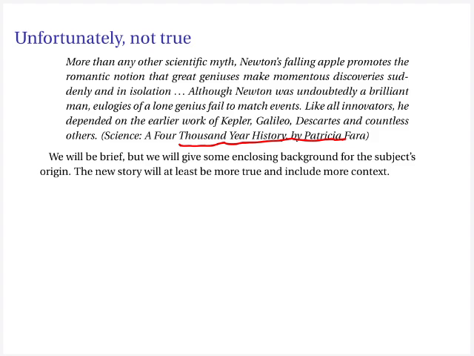Just as an example, the person who suggested that the force that pulls the apple to the earth is the same as the force that pulls the moon to the earth was not Newton, that was Hooke. "Like all innovators, he depended on the earlier work of Kepler, Galileo, Descartes, and countless others." So we'll be brief, but we want to give some background for the subject's origin, and the new story will be at least a little more true and include a little bit of context.